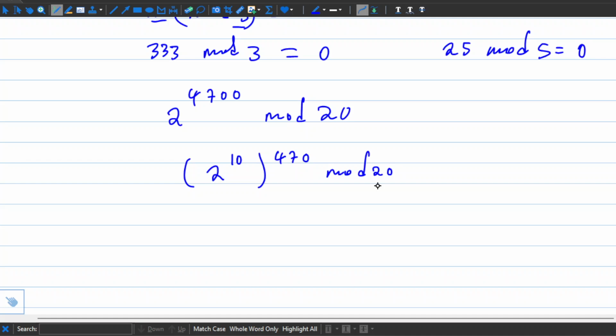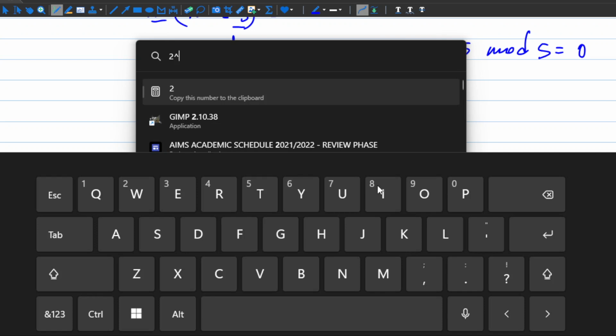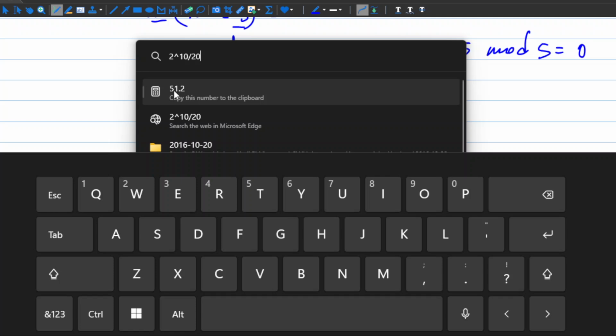So I can do that on my calculator now. So I would say 2 to the power 10 divided by 20. So it gives me like 51.2. So what I'm interested in is the number before the decimal. So it's 51.